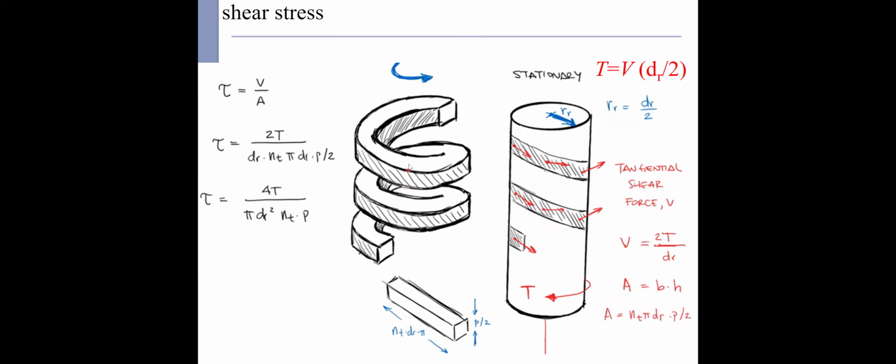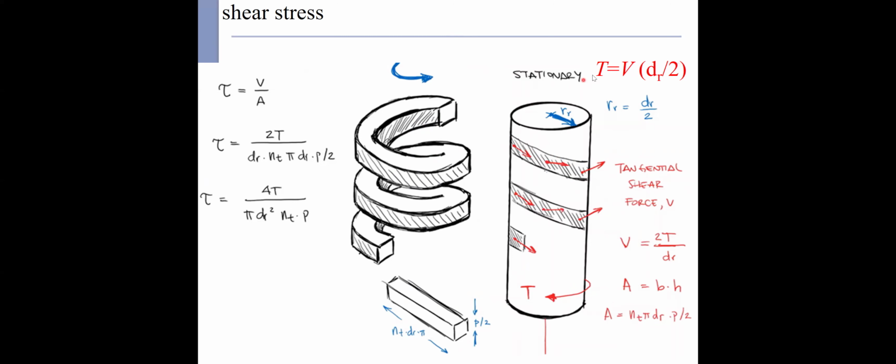There's a shear stress applied to the interface between the thread and the shaft when a torque is applied to this power screw.